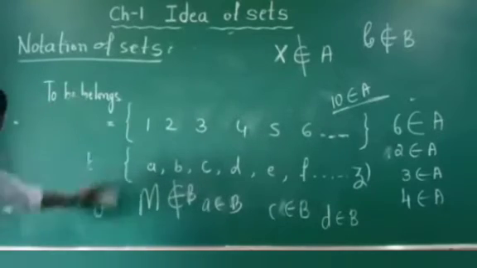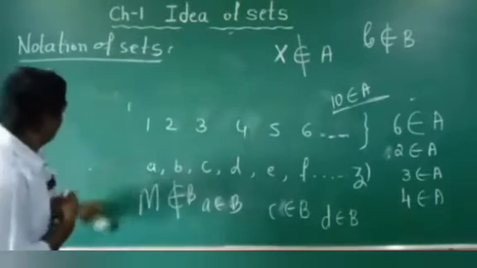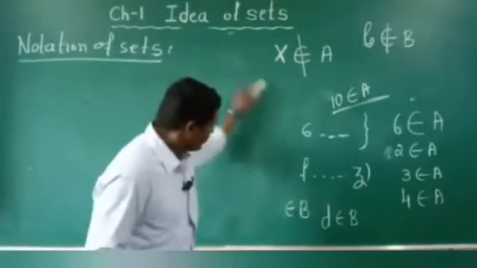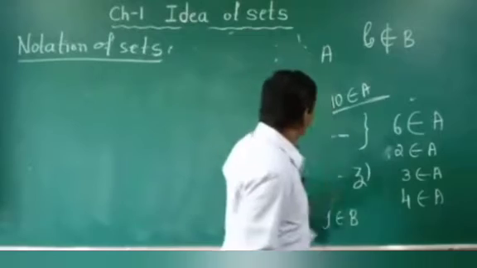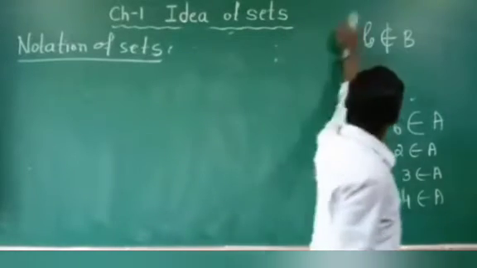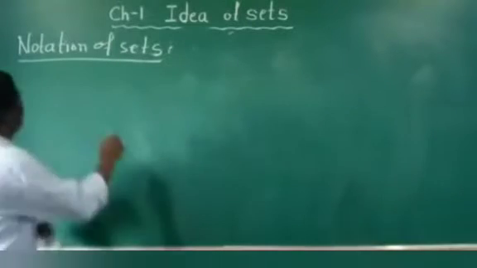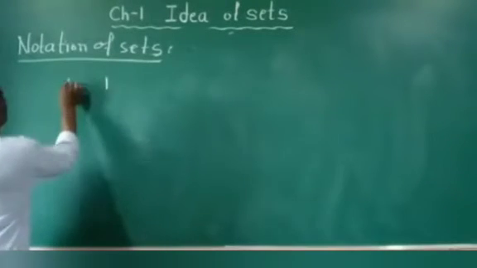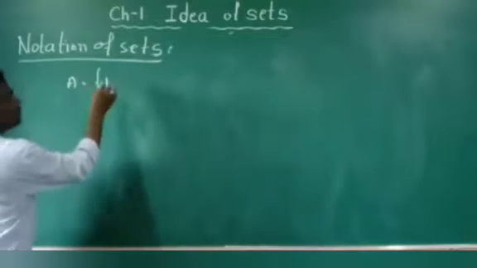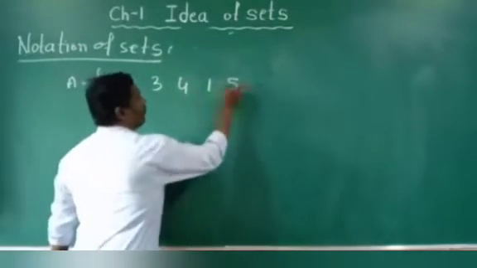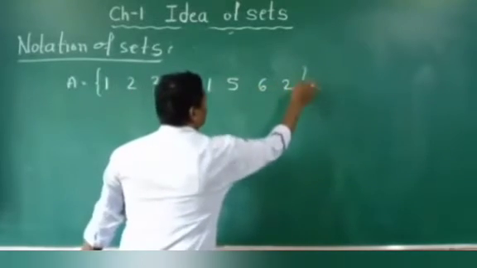While we are writing a set, if two elements or two members repeat, we take one time only. For example, just take set A: 1, 2, 3, 4, 1, 5, 6, 2.